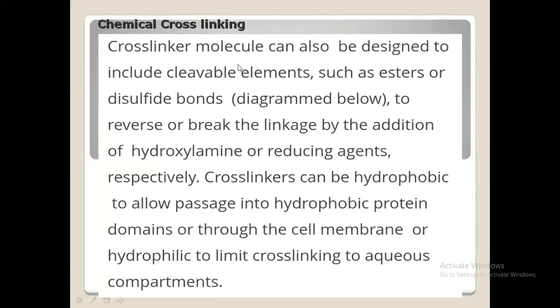Then these chemical cross-linker molecules can also be designed to include cleavable elements such as esters or disulfide bonds, to reverse or break the linkage by the addition of hydroxylamine or reducing agents respectively. These cross-linkers can be hydrophobic to allow passage into hydrophobic protein domains through the cell membrane, or hydrophilic in nature to limit cross-linking to aqueous compartments. So this is something about chemical cross-linking molecules.